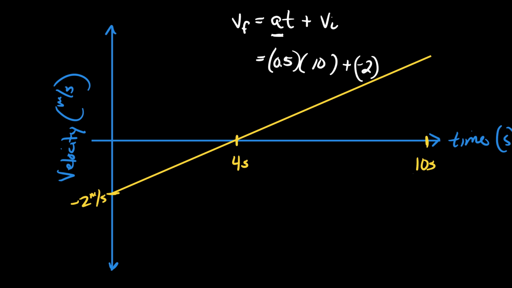Am I asking very much? No. And you probably could have figured this out a different way, right? Isn't it true that every 2 seconds the velocity changes by 1? So after 4 seconds, when I go to 6 seconds, it's got to be at 1 meter per second. And at 8 seconds, it's got to be at 2 meters per second. And at 10 seconds, it has to be at 3 meters per second, 5 minus 2.